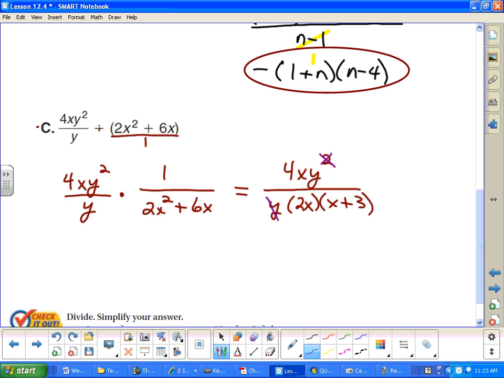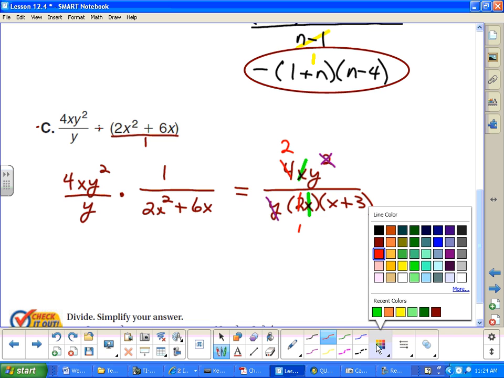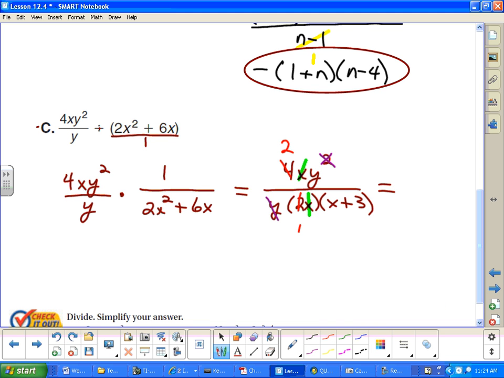So I could take a y out of both of them. Okay. We have these x's that are here. Those are factors, right? They're being multiplied. They're not being added to anything. Okay? And then we've got this 2 goes into 2 once, goes into 4 2 times. So we have in the numerator 2y, in the denominator x plus 3.